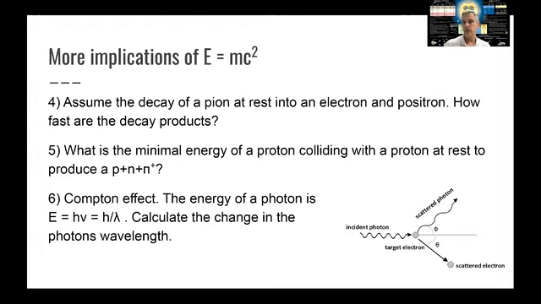So those are just examples of how you can use relativistic kinematics in order to calculate very important aspects of collisions in particle physics without any understanding at this point of the underlying dynamics, the underlying forces, the underlying conservation laws, and so on.